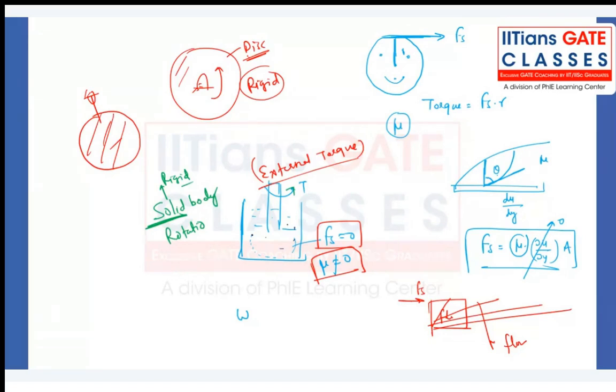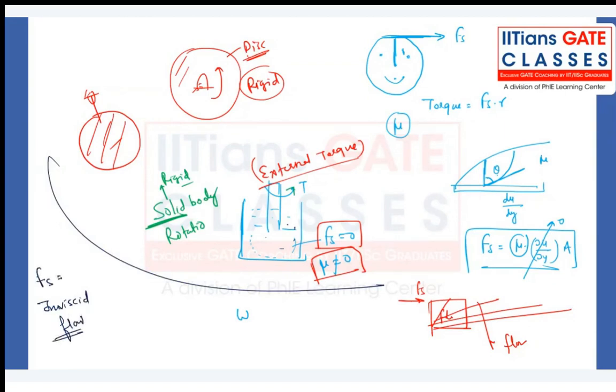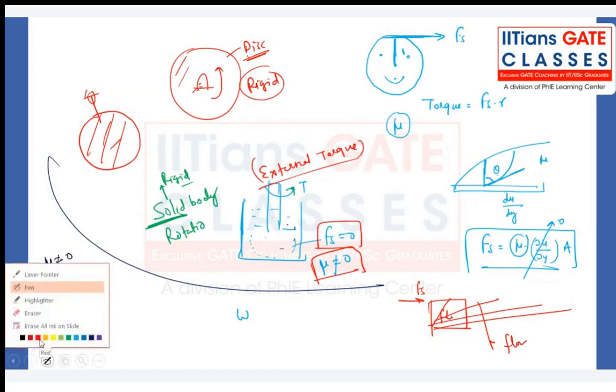From this page only, there is one statement: inviscid flow. What is the meaning of inviscid flow? Shear force is zero, viscosity is not equal to zero. Inviscid flow is always irrotational flow.